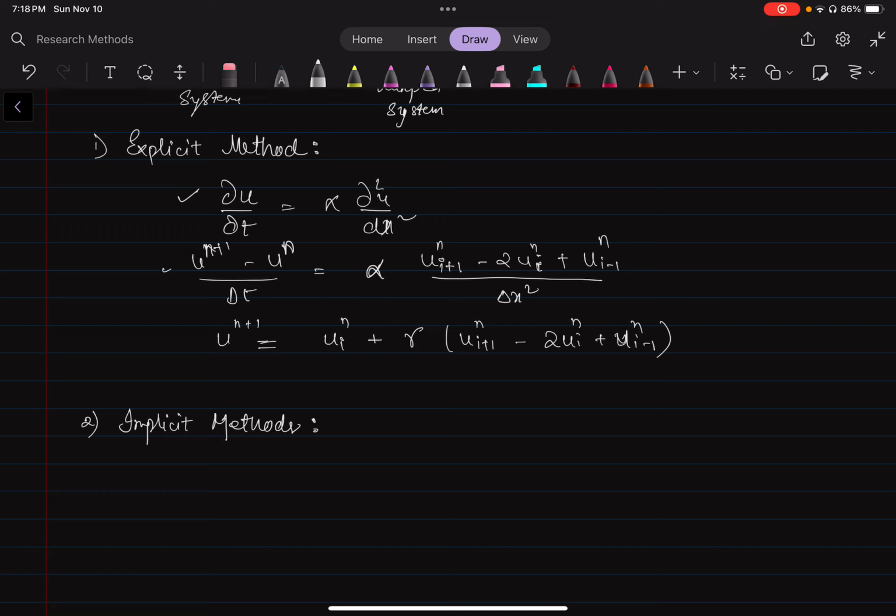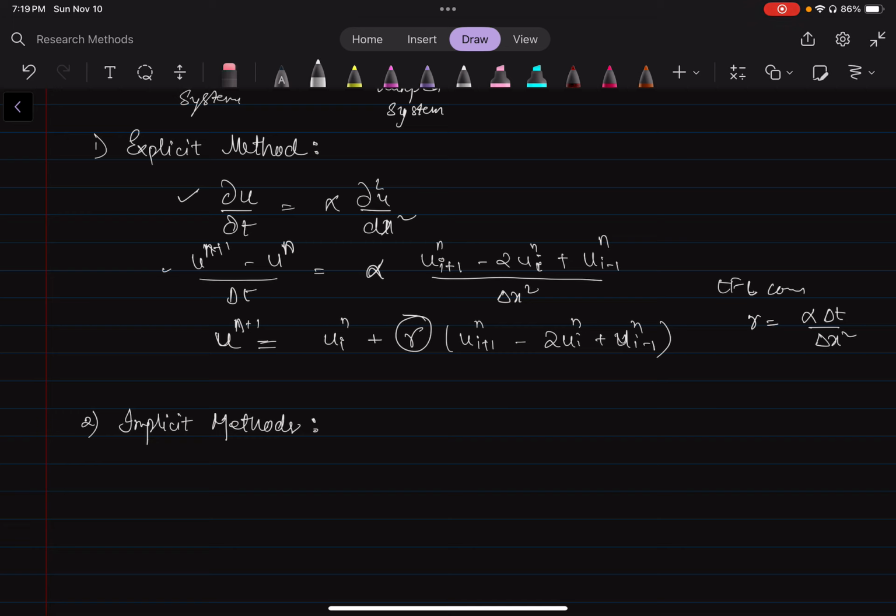If we explicitly discretize this equation, we get something of this form. The pro of this method is that it is very simple to implement. In this case, R is called the CFL constant, which is basically alpha delta t by delta x square.